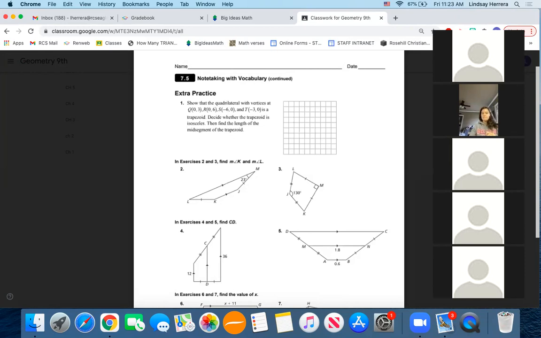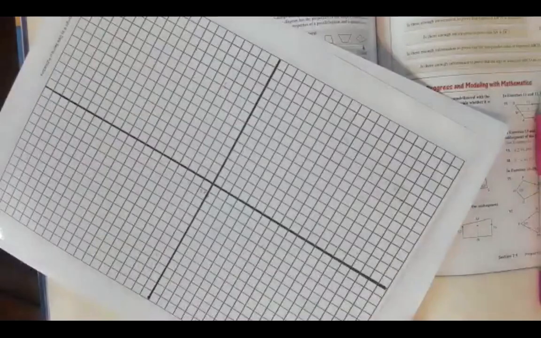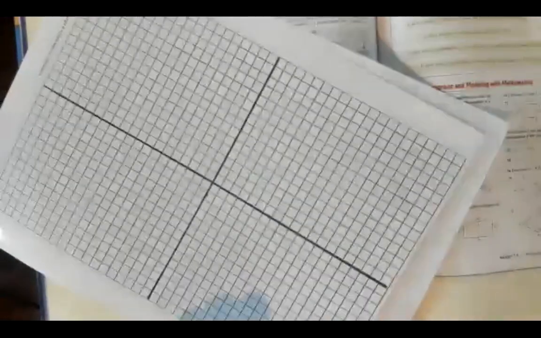We can see it. Okay. So let's see what happens when I do this. Maybe I have to stop share screen. There we go. All right. Let's go this way.